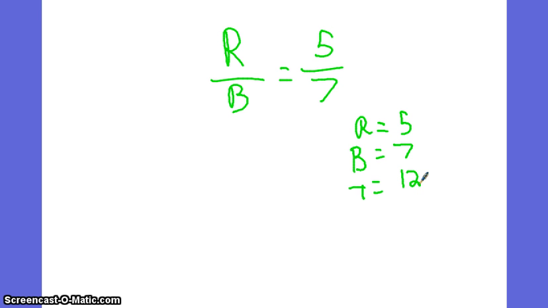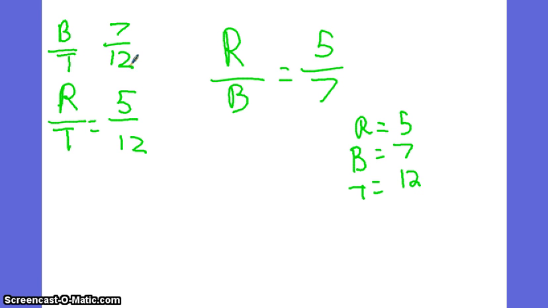We will write all the implied equations that we can get out of this. Red to total is 5 to 12. Blue to total is 7 to 12. And red to blue, my original one, is 5 to 7.